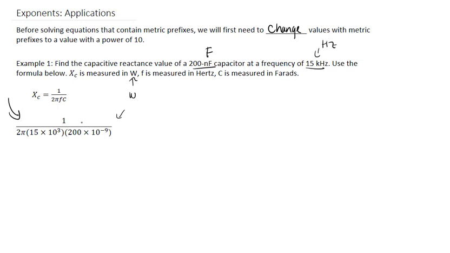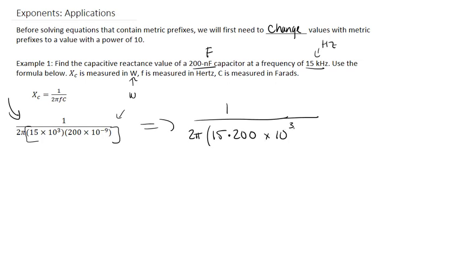When we solve, we can leave this 2 pi for right now, and look at this part first. So we have 15 times 200 times 10 to the third, times 10 to the negative ninth. Those are multiplied together.